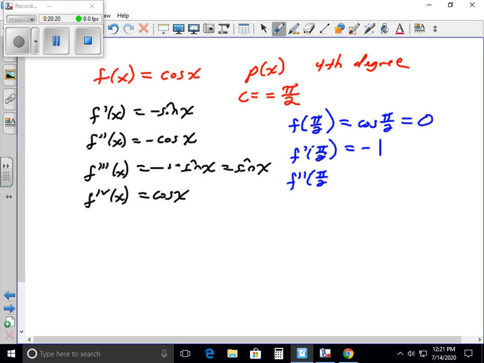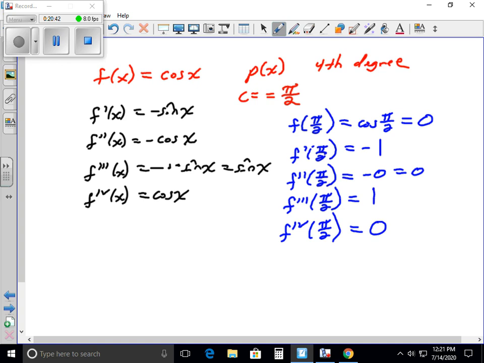When we put it into our second derivative, cosine is still 0. When we put it into our third derivative, we get sine of pi over 2, which is 1. When we plug it into our fourth derivative, cosine of pi over 2 is back to 0.